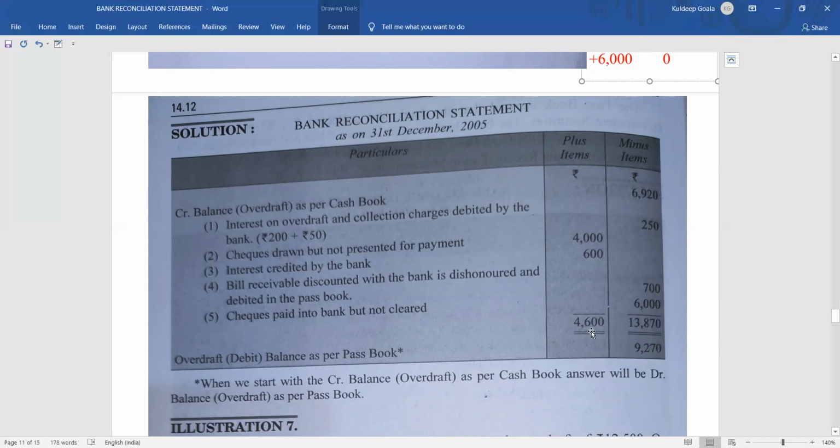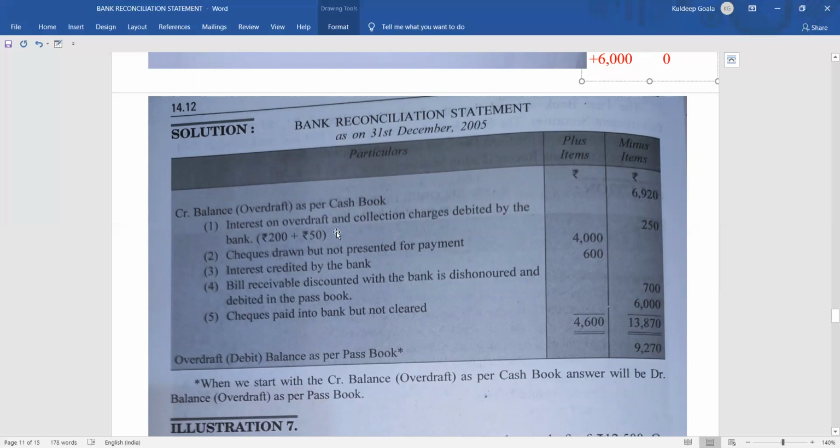You can put the totals in both the sides and put the minus balance, or you can do it like this also: take the total of both the sides and just deduct the smaller one from the higher one. You write down the difference in the minus itself, because the answer will come in minus itself. What is the minus figure? 9,270 rupees.